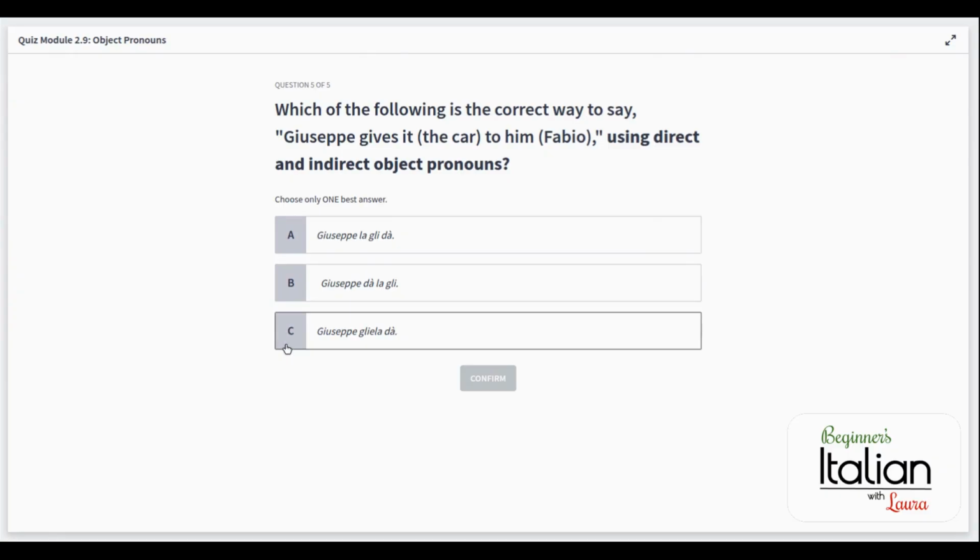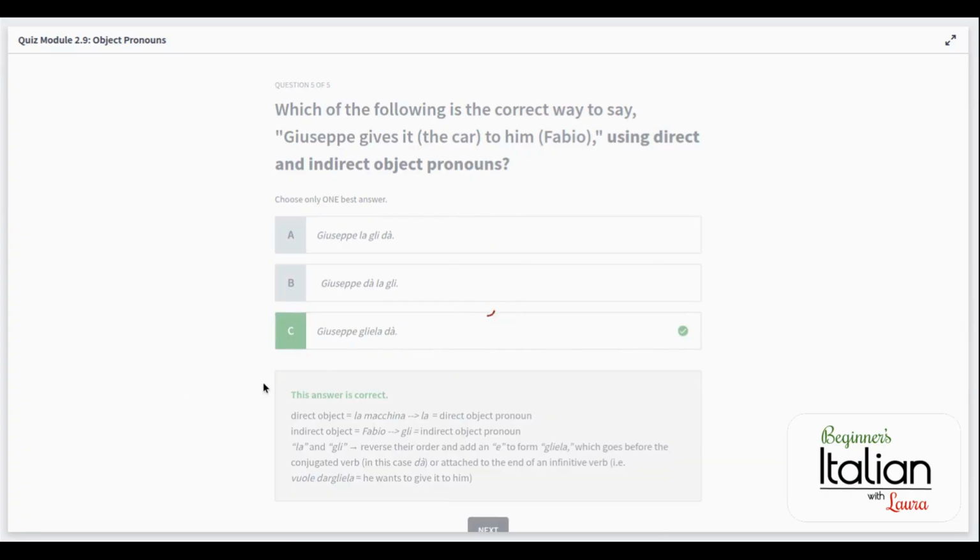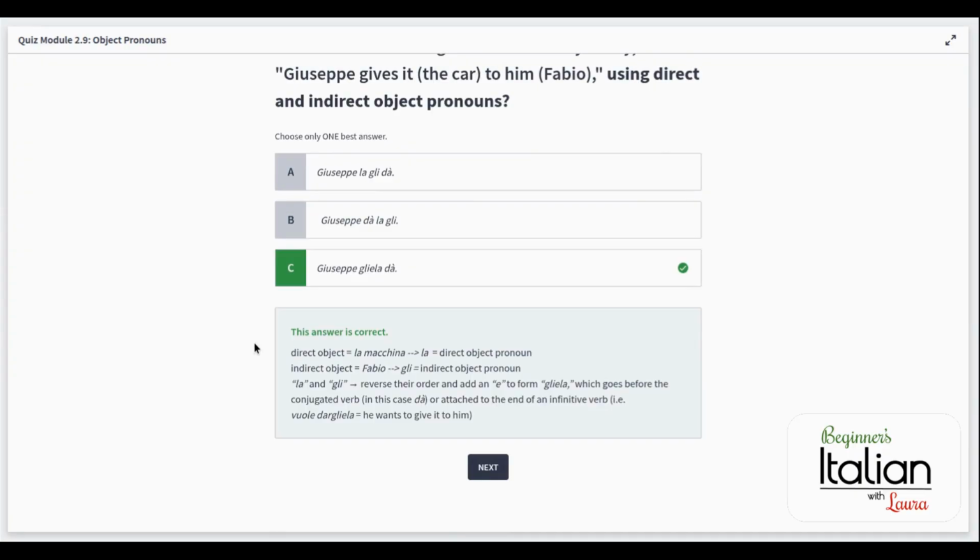Or C. Giuseppe gliela dà. Okay, so letter C was the correct way to say that phrase.